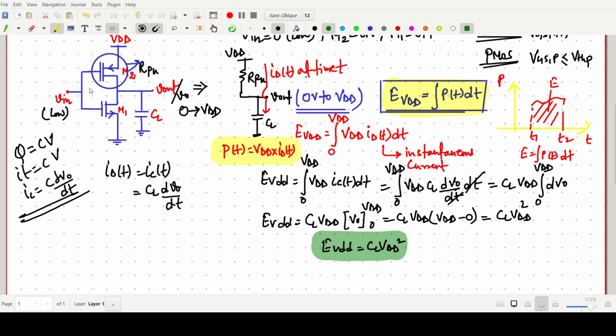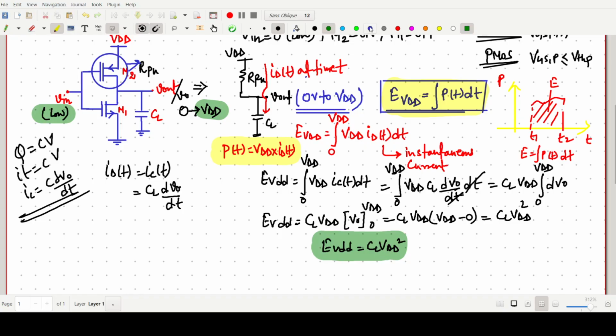So now the capacitor, for a low value of input, the output value will be high, but it is initially uncharged. So for a low value of input it will give a high value, and during that time the energy drawn from the power supply will be CL VDD square.